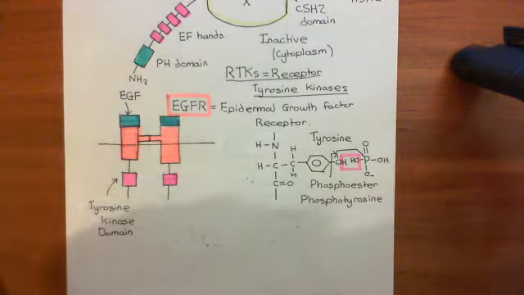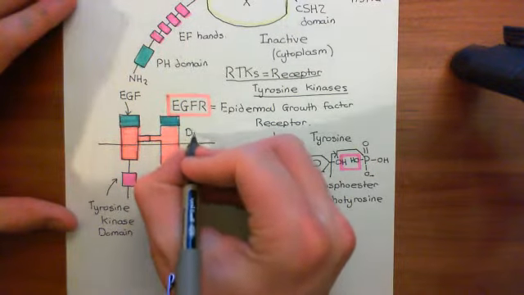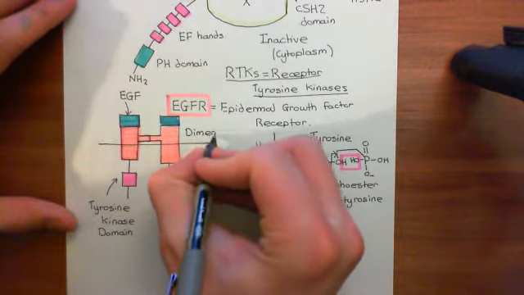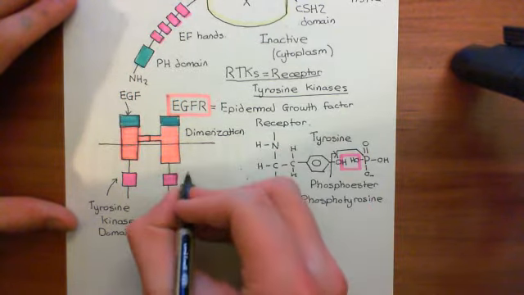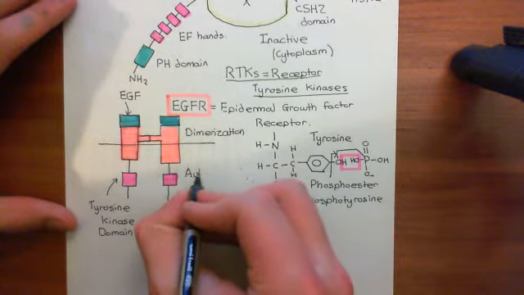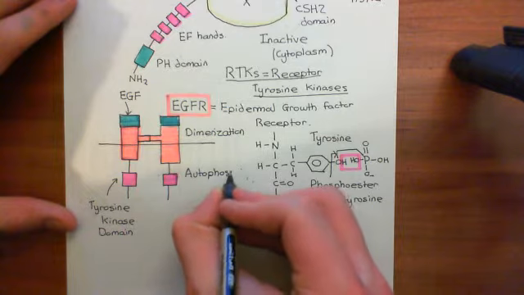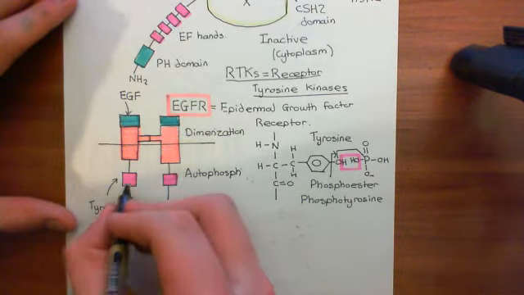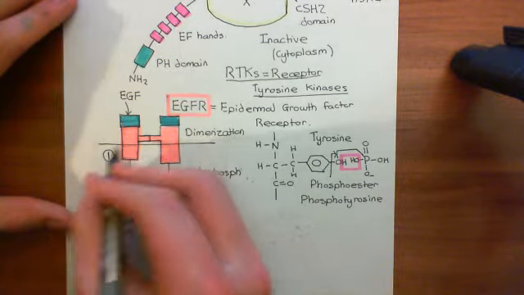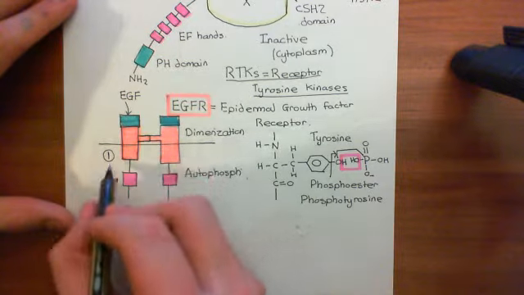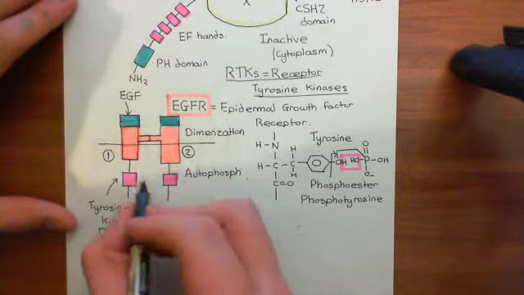Okay, right. Now, once you've got this dimerization, the next process that's going to occur is a process called autophosphorylation. Basically this involves the tyrosine kinase of one of these epidermal growth factor receptors, which we'll call number 1. So let's call this epidermal growth factor receptor number 1, and let's call this epidermal growth factor receptor number 2.